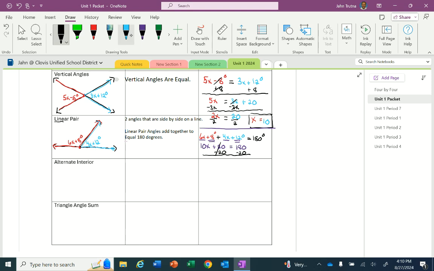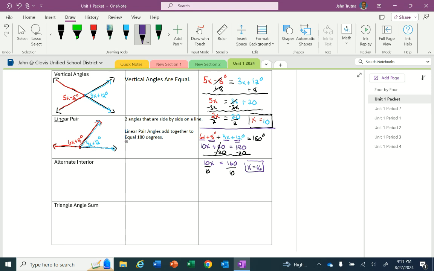After the 20s cancel out, I would have the equation 10x is equal to 160. And then my last step would be to divide both sides of the equation by 10. So that would give me an answer of x is equal to 16. So using the relationship of linear pair, which means that together they add up to 180 degrees, I create an equation and I solve this particular equation and I get x is equal to 16.